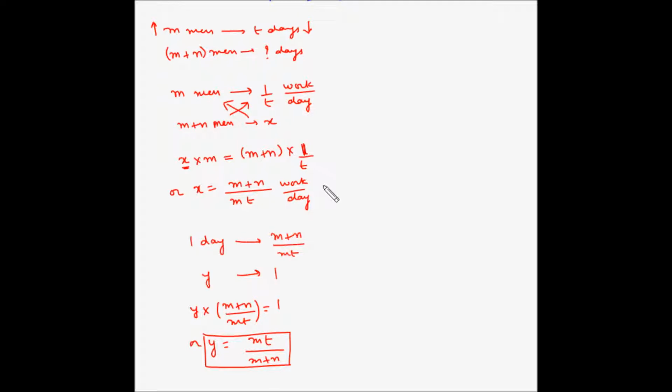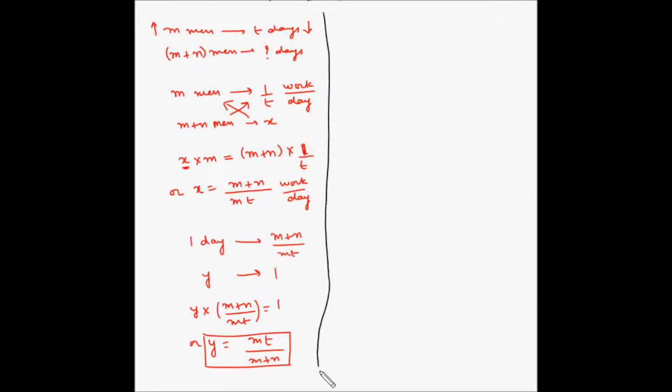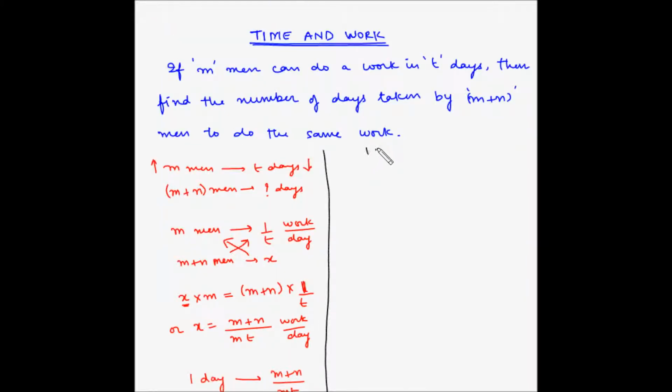Now let's take an example to understand this, or to use this formula. Let's say 18 men can do a piece of work in 15 days. Find out in how many days 60 men can complete the work.